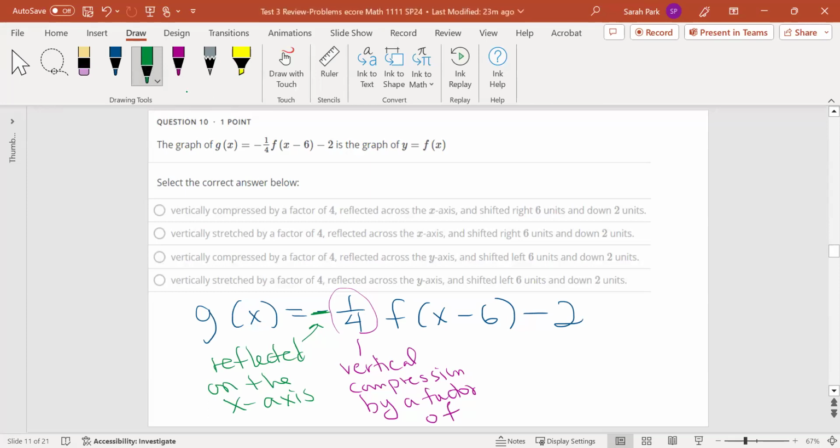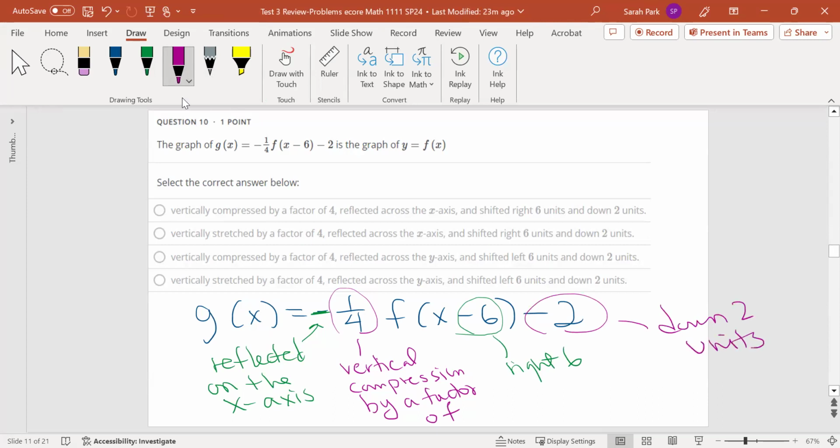The x minus 6, again, tells me that it's to the right 6. And the minus 2 tells me it's going down 2 units. So let's see which one this is: vertically compressed by a factor of 4, reflected across the x-axis, shifted right 6 units and down 2 units. It looks like it's this option.